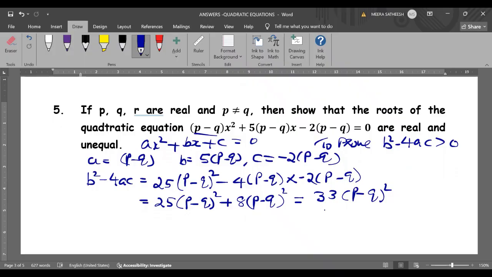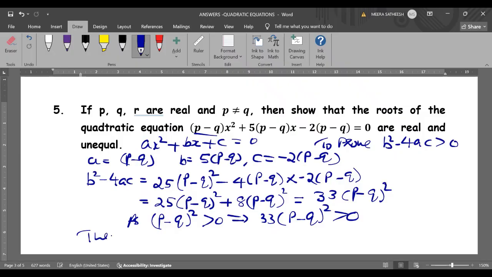Now how will you show this is greater than 0? 33 is greater than 0. p minus q whole square, squares are always greater than 0, right? Whether it's the square of a positive number or negative number, a square is always positive. So what we can say, as p minus q whole square is greater than 0, 33 into p minus q whole square is greater than 0.